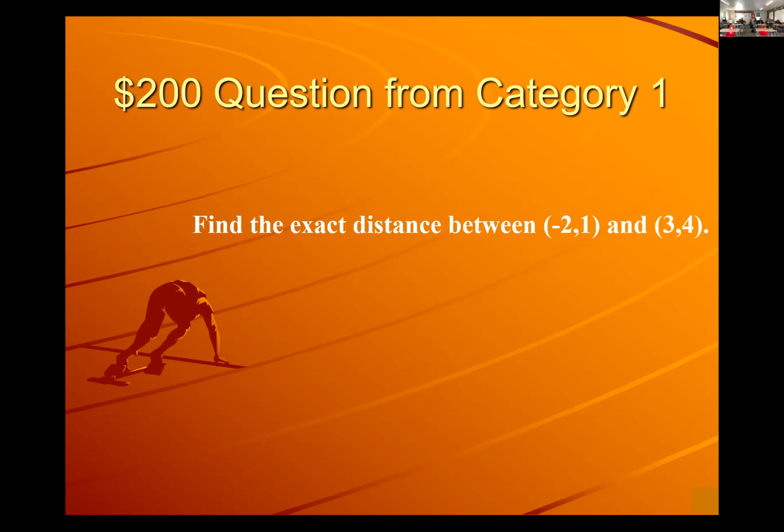I didn't check my math and I kind of just went for it. Is it 3 over 5? Wait, no. Is it by any chance the square root of 29? Oh gosh. I don't think so. Is it root 34? Root 34.